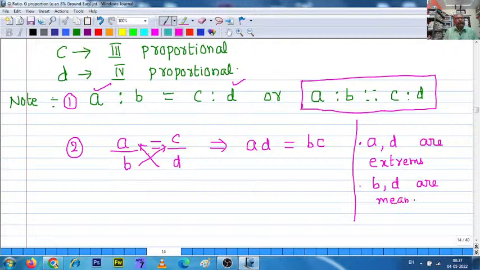What is the property we get? This is actually called the cross product property.